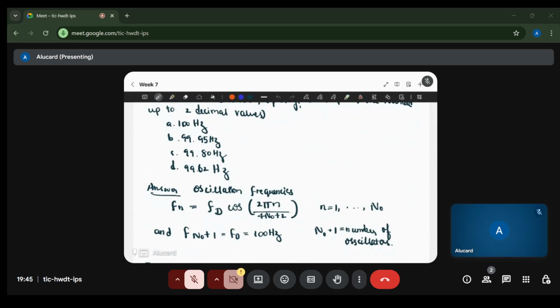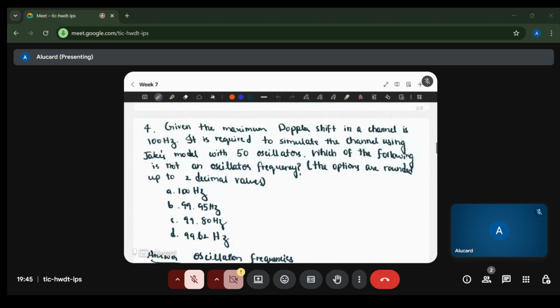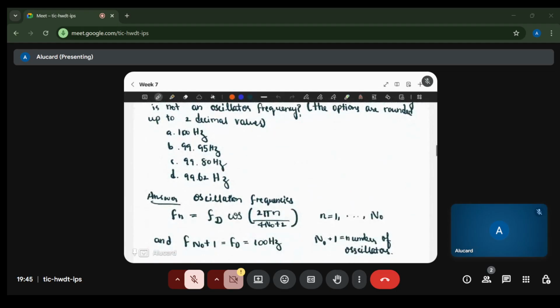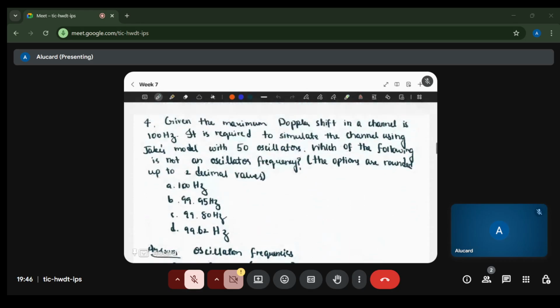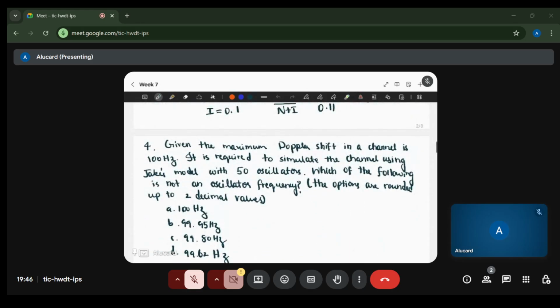Here the oscillation frequencies for the JX model are given by fn equals fd, the maximum Doppler shift, times cosine of 2 pi n over 4 N0 plus 2, where N0 plus 1 is the number of oscillators. So N0 plus 1 is 50, N0 is 49. So f1 to f49 you can calculate using the formula, and then f50 is the maximum Doppler shift.